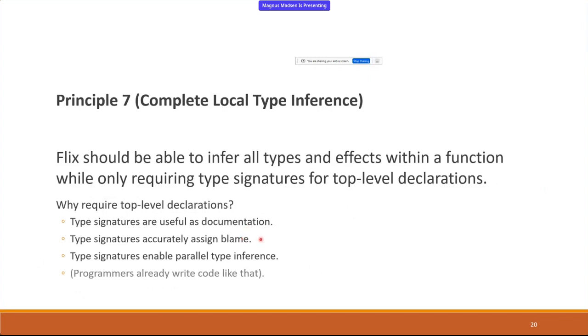So, for example, if you call a function and you pass arguments of the wrong type, then we can blame the caller. Or alternatively, if you write the type signature and the body has a different type, then we can say, well, the implementation of the function and the signature are mismatched. Finally, it also enables us to have parallel type inference, which is very nice. And in practice, I think people write code like this anyway. Even if there was global type inference, people tend to put some annotations or comments at the top level declarations.